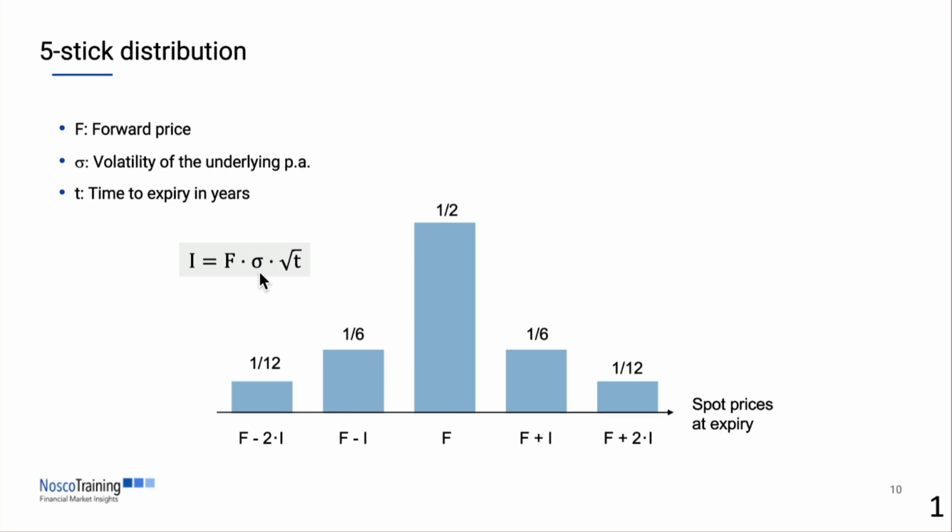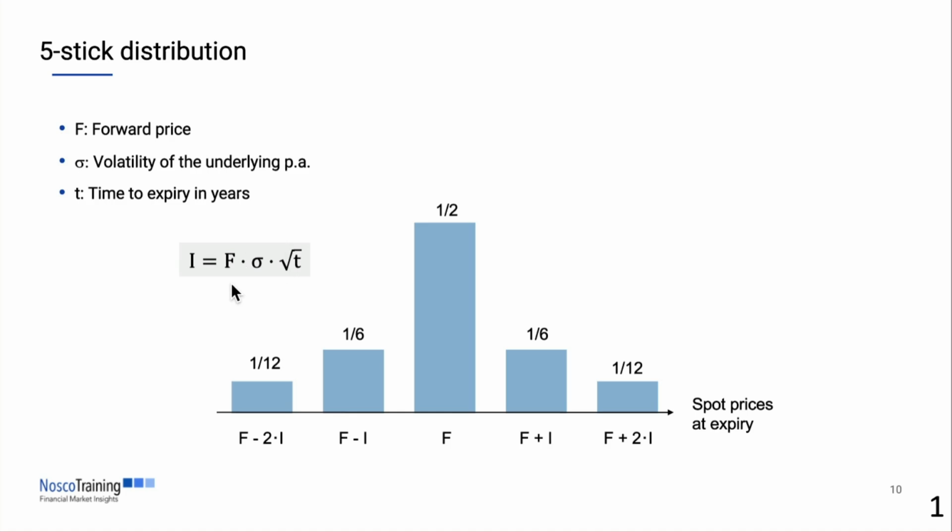Volatility is typically given as an annual number. Now we scale it to how much time uncertainty has to move the spot price. We have half a year, so we multiply it by the square root of a half, and then we multiply it by the forward, right? So this is a percentage number, these two things together. We multiply it by the forward, and this is our interval.